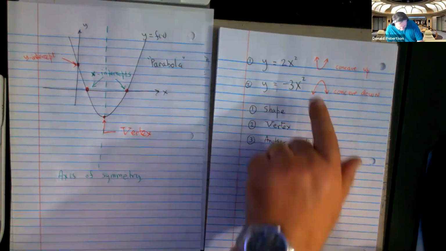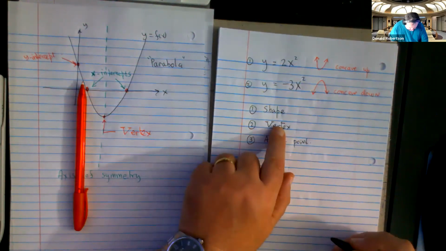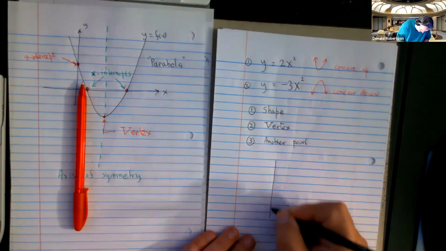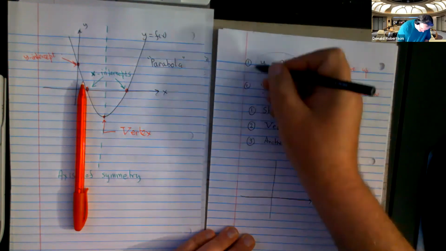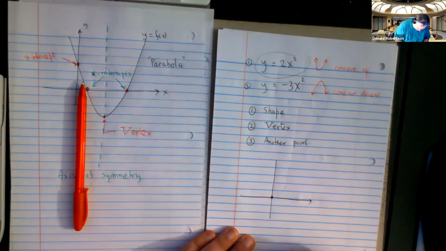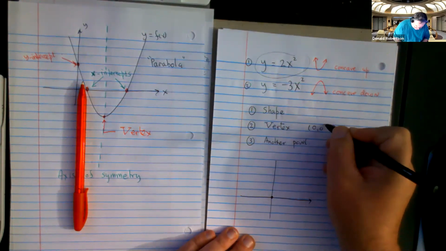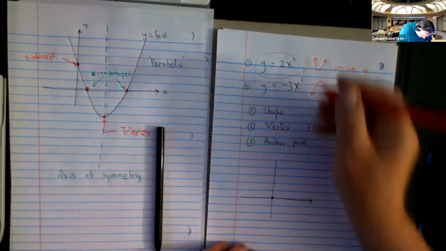We're just going to do 2x squared. So where does the vertex go when it's 2x squared? When it's only got x squareds in it, the vertex is at the origin. Let's suppose I'm doing this one.